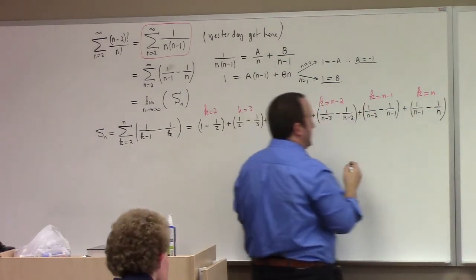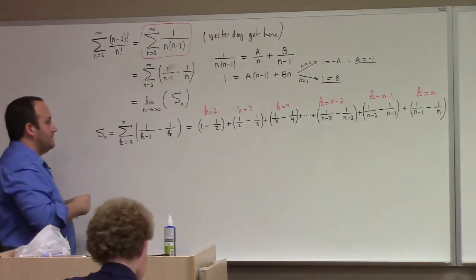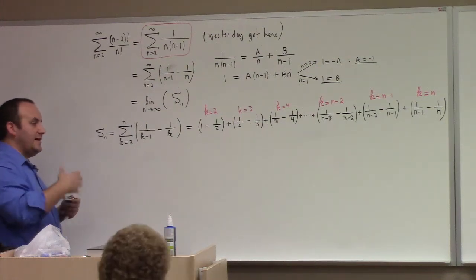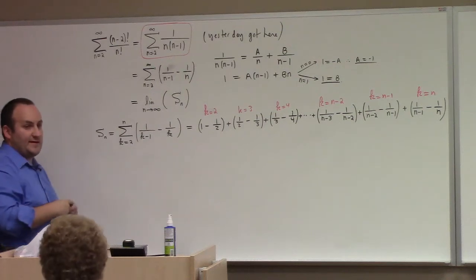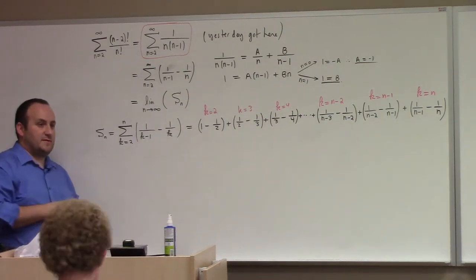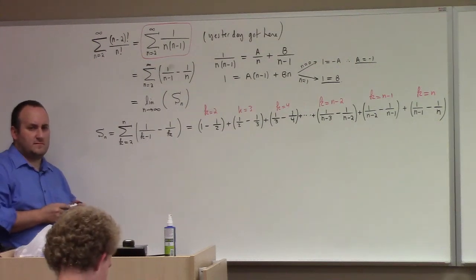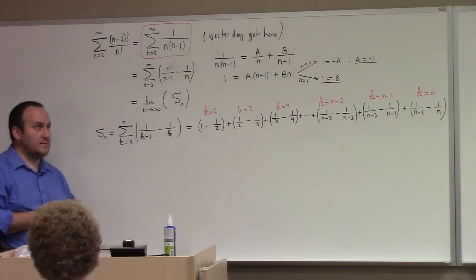This is, of course, telescoping, right? You're like, how did you know it was telescoping? I knew that it was telescoping when I saw the red formula last class. How did I see that? I split the red formula up into partial fractions.